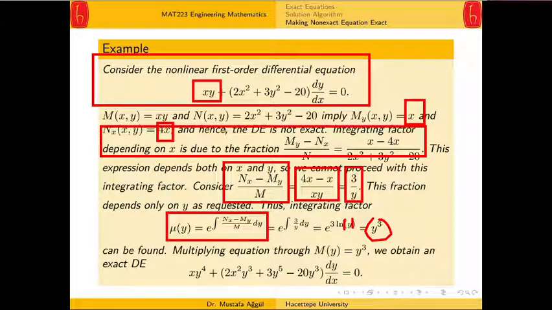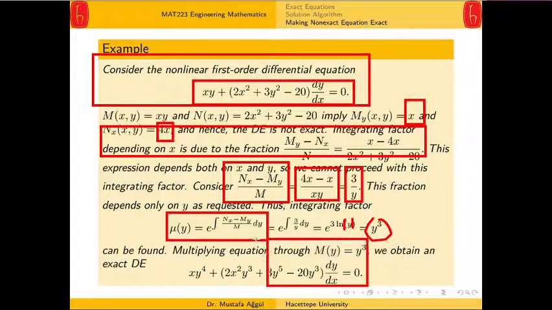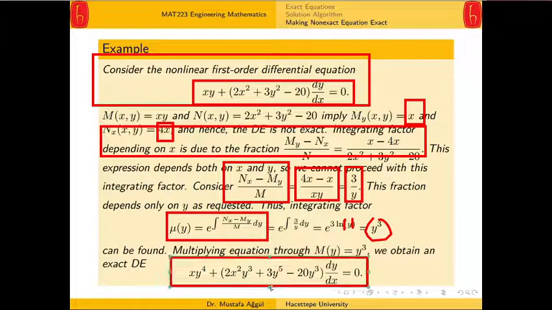If we multiply the original equation by this integrating factor y cubed, we have to end up with an exact equation. So we multiply it through by y cubed, and we say this equation is exact. How can we check that?